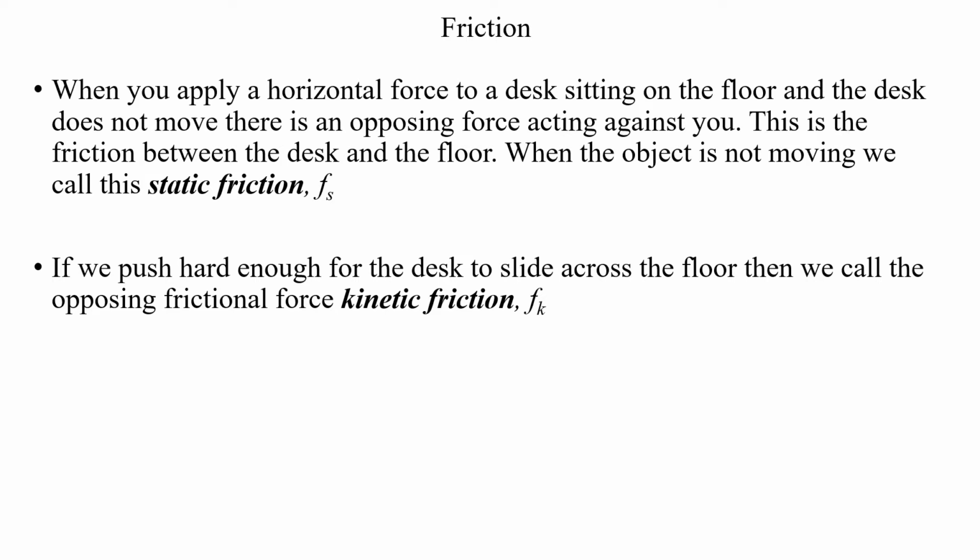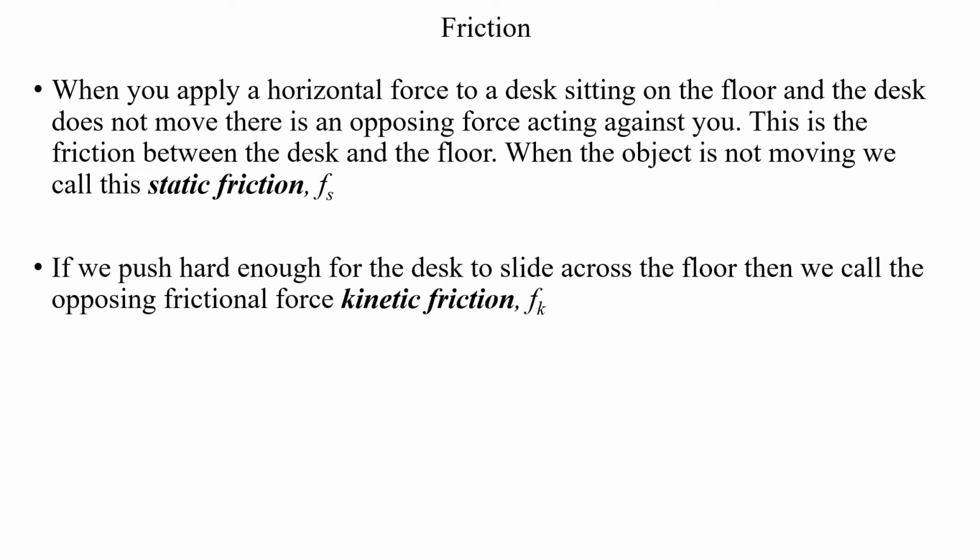If I only push a little bit, then that static friction is just equal and opposite to my push. And so it's only going to be as large as what I push. If I push harder and the desk still doesn't move, then that frictional force, static friction, increases. So it's always equal to what I push. And when I stop pushing, well then that static friction force is also zero.